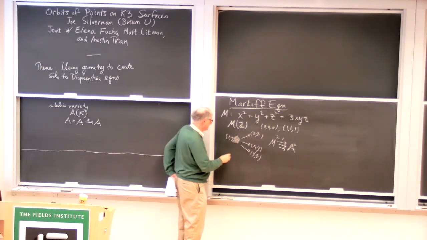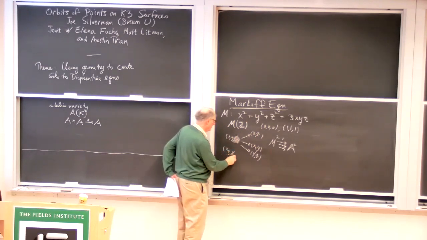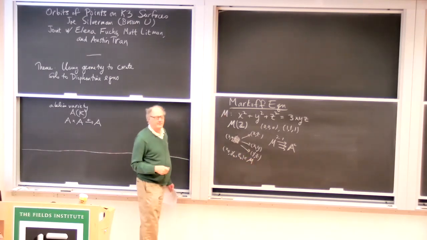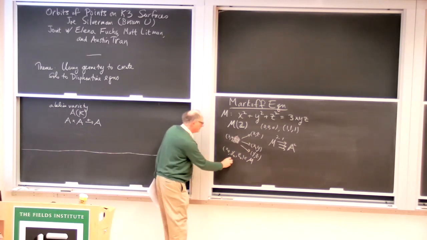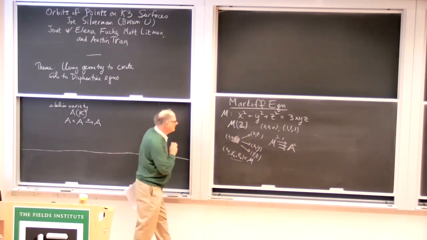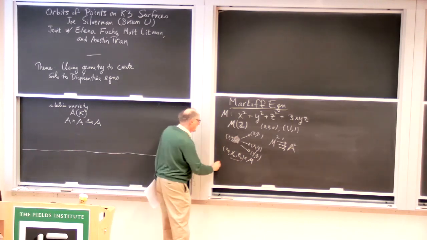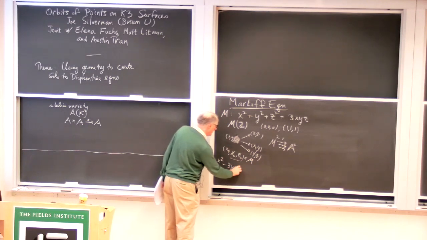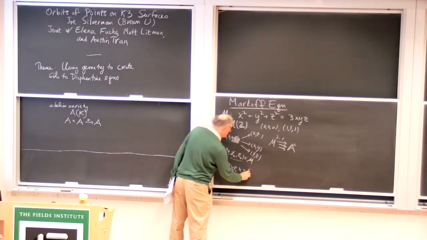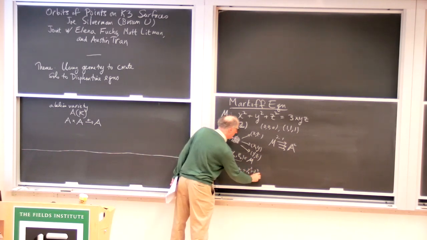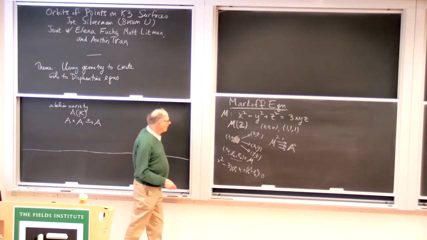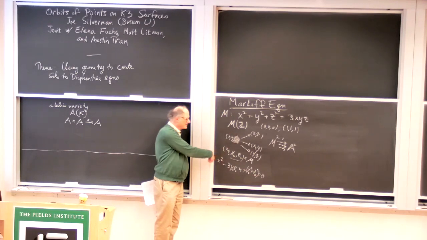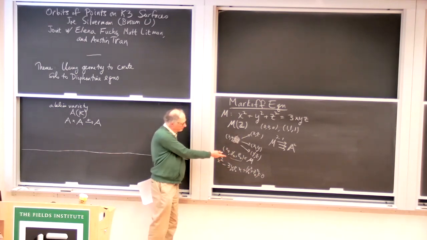The idea is, if I start with a point on M, and I consider y0 and z0 as being fixed, then I get a quadratic x squared minus 3 y0 z0 x plus y0 squared plus z0 squared equals 0, one of whose solutions is the x0 I started with, so I can just replace it with the other solution.